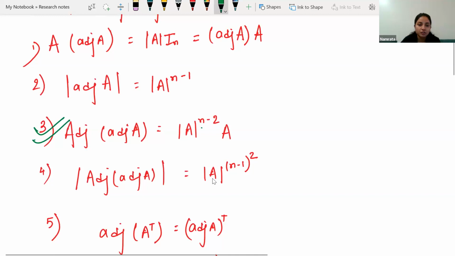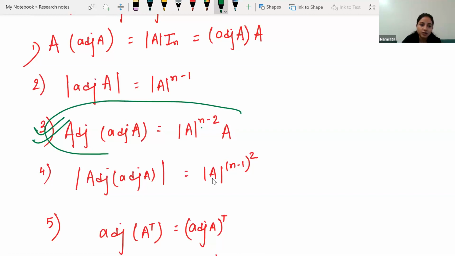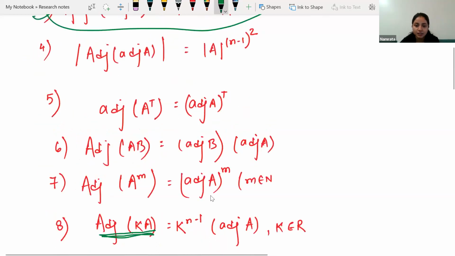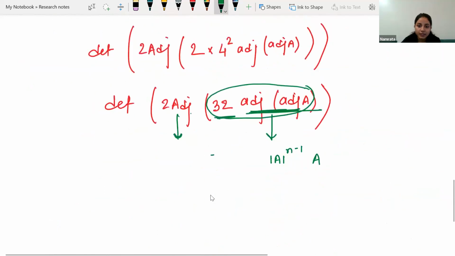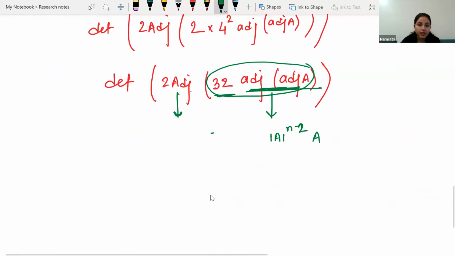Okay, it's determinant of A to the power n minus 2. This formula we are using over here. Adjoint of adjoint A is equal to determinant of A to the power n minus 2 times A, not 1. So we will be taking this. N is 3 over here. For only this purple part I have written this formula. This 32 will remain as it is.